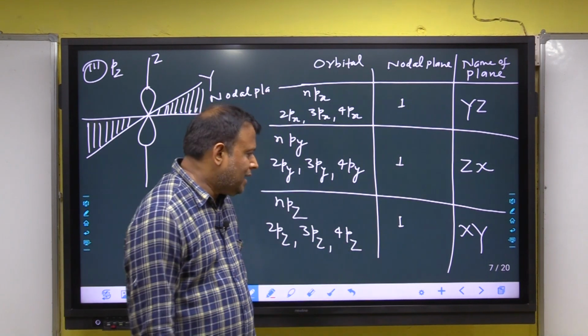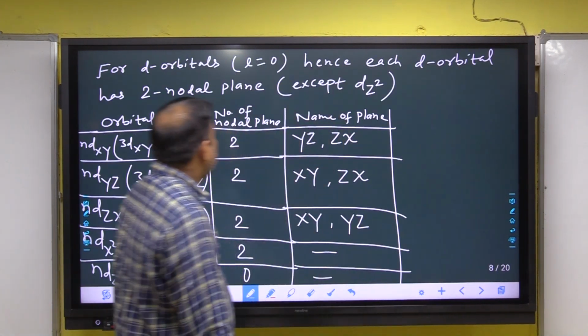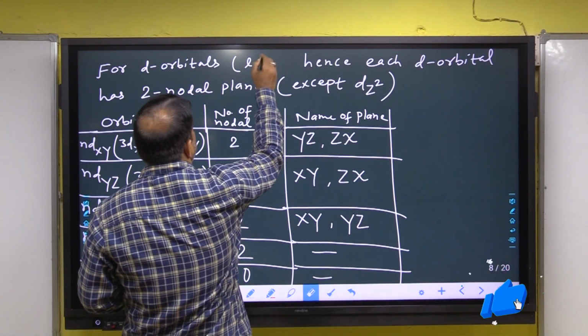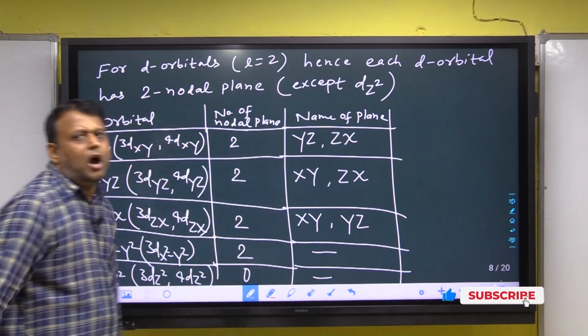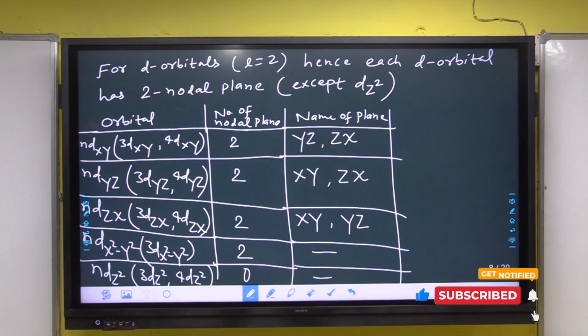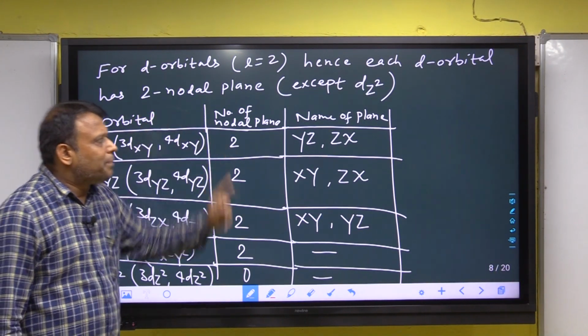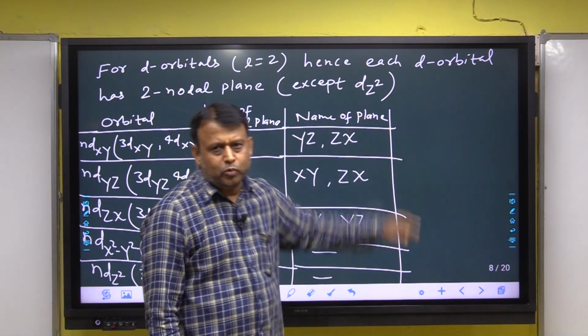Now for d orbitals. We know that for d orbitals, L is equal to 2. Hence, each d orbital has 2 nodal planes except dz square.